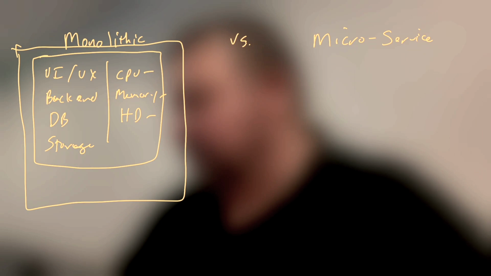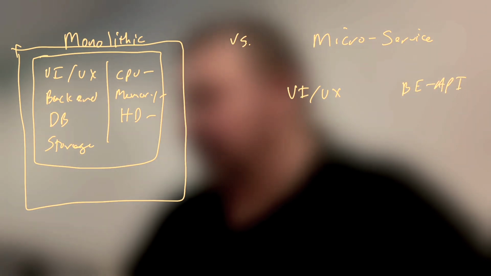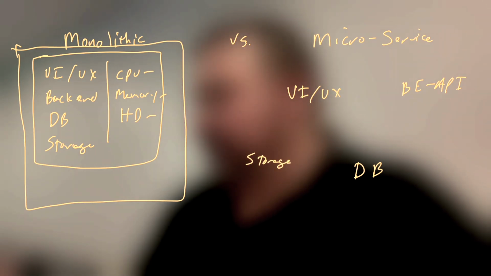On a microservice architecture, the reason why this is important is because, well, let's say we take the same situation. I'm going to throw UI UX here, right? I'm going to say our backend system is an API, right? Which is mostly what backend systems are. It's an API, okay? Then we have a database here, okay? And then let's just throw storage over here. Storage, okay.